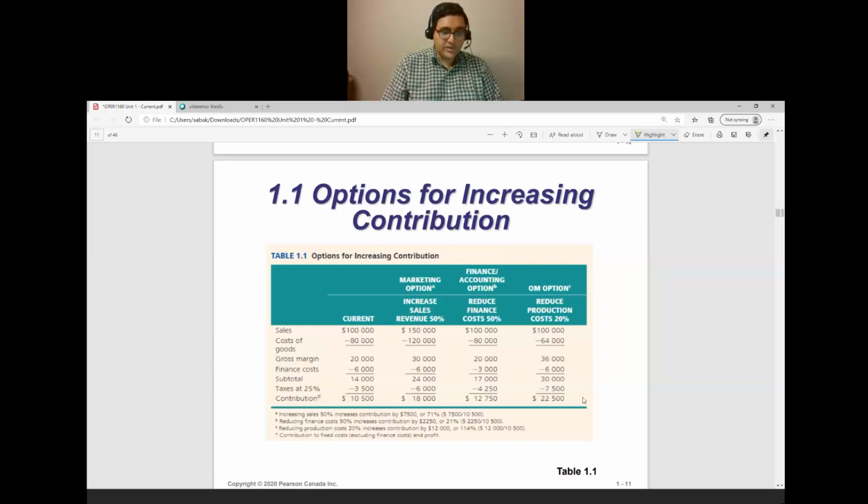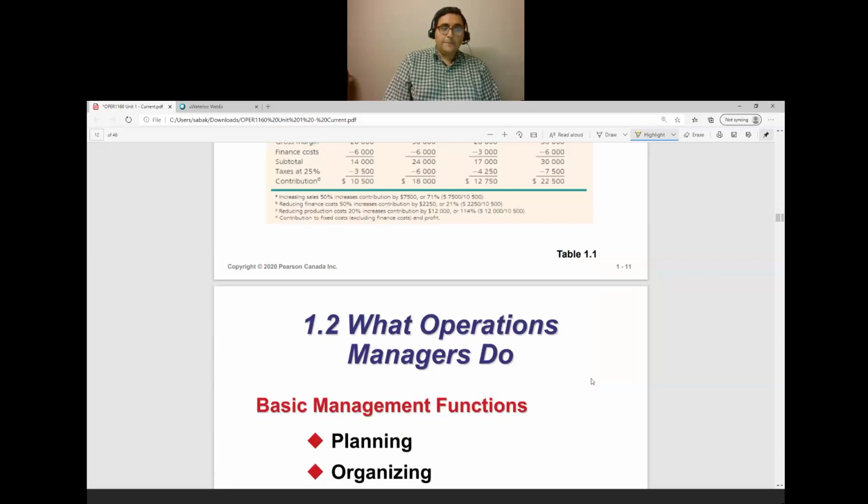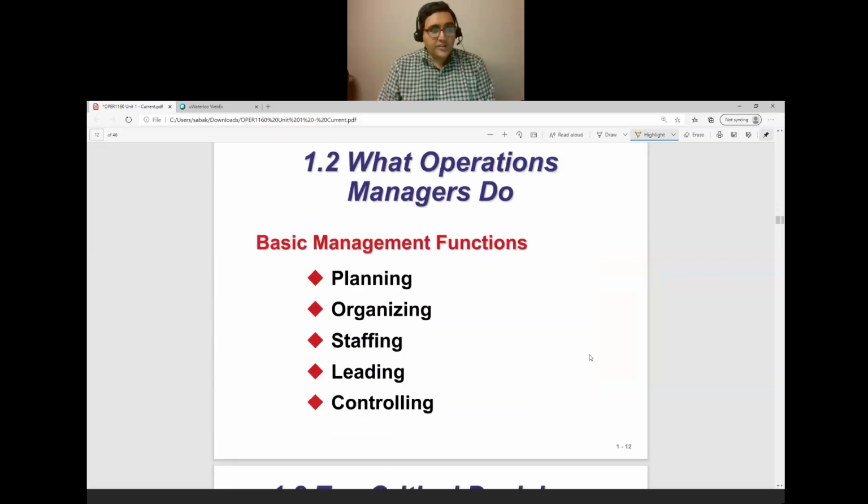So this just tries to show how each of the essential functions of an organization can add value to the organization.